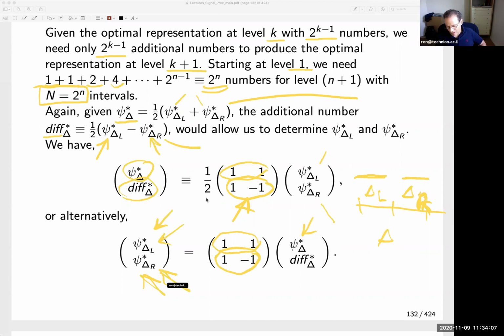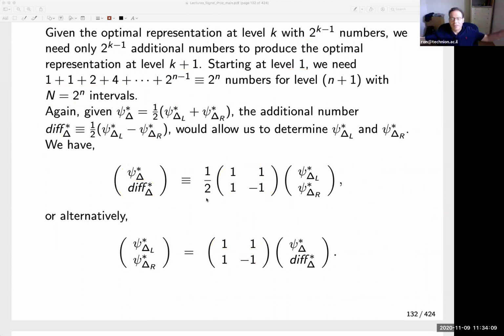Okay, so this is the way of traveling in my tree so that I can use the root and this left in order to reconstruct the right.